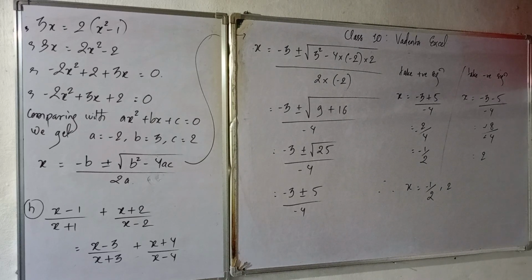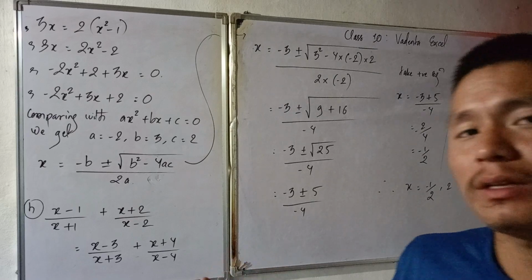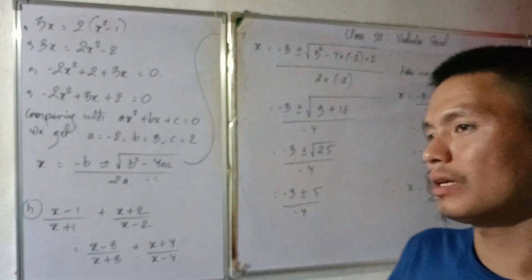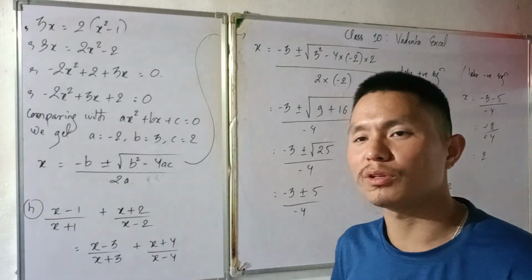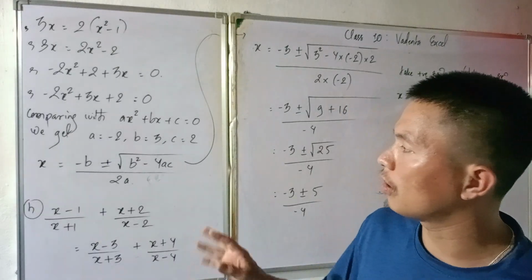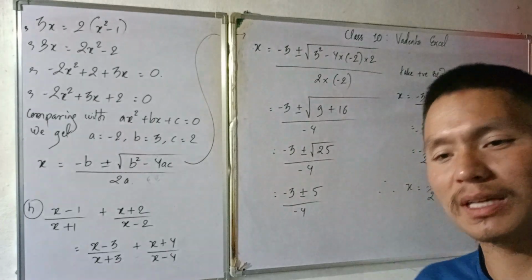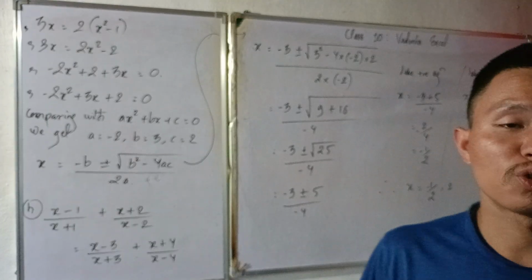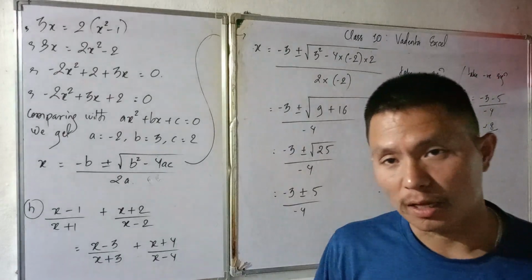Okay, now the last question for today's video is number 8. It's nothing new, it's just the same process repeating over and over again. So all the other problems and all the simplifications you have to try by yourself.